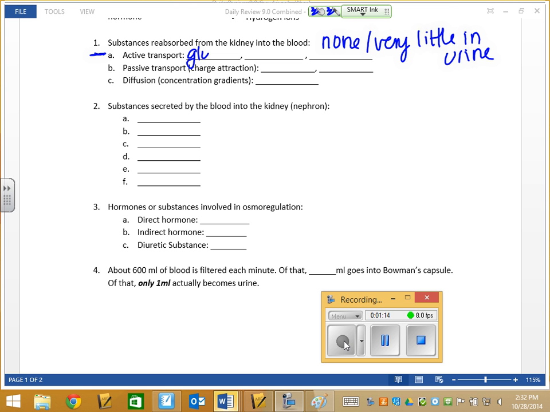Things that belong in this category in no real particular order are glucose, sodium, and amino acids. All of those substances require active transport. Active transport is when particles move from an area of low concentration to high concentration, and it requires that you use ATP, cellular energy, for this to be accomplished. It won't happen naturally.